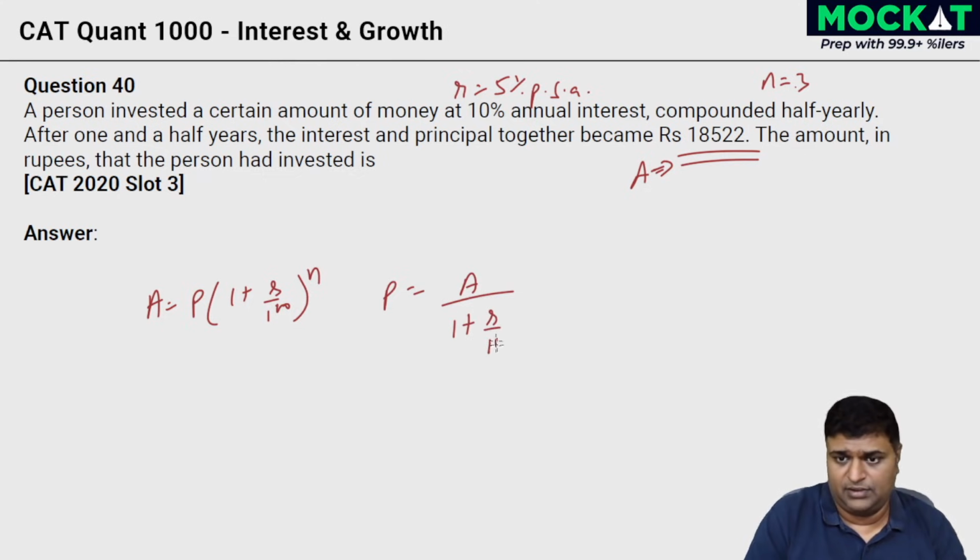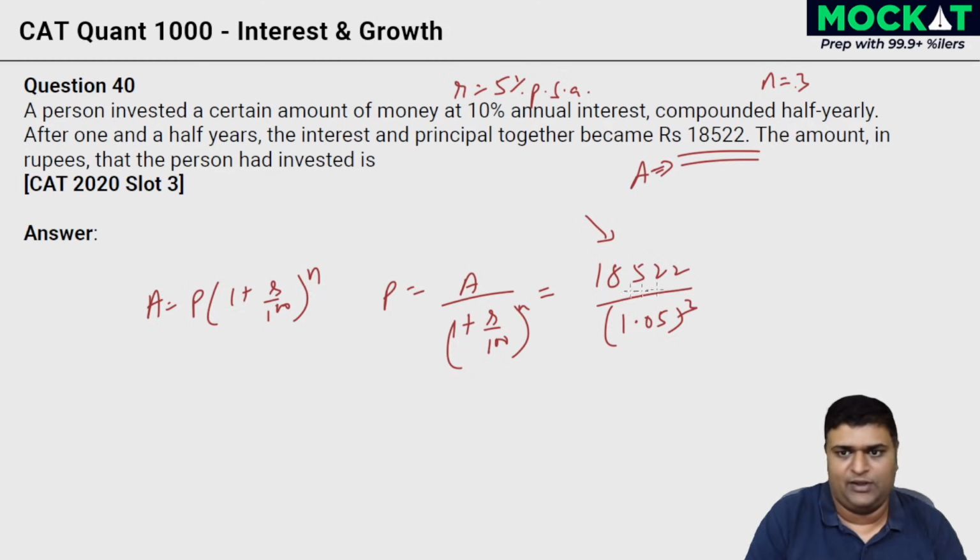1 plus R by 100 whole power n, and then coming to it and writing it as 18,522 divided by 1 plus 5 by 100, which is 1.05 whole cube. If you're very clear with this, you'd be getting this step very quickly. You don't need to write these down. No marks for these, right? 18,522 is the amount divided by the multiplication factor is the principal. That's 1.05 whole cube, right? You should be getting this very quickly.